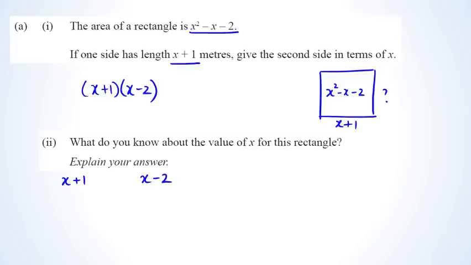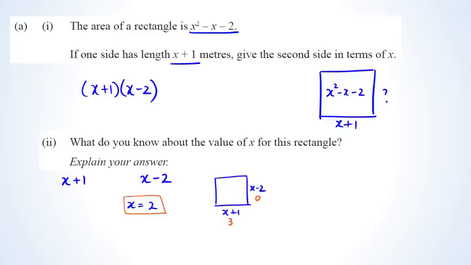In x plus 1, I could have any number. But if I look at the second side, x minus 2, I can't have x equal to 2, because then the rectangle becomes 0 on one side. If I put x equals 2, I get 3 on one side and 0 on the other.